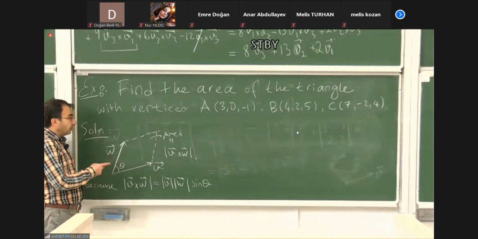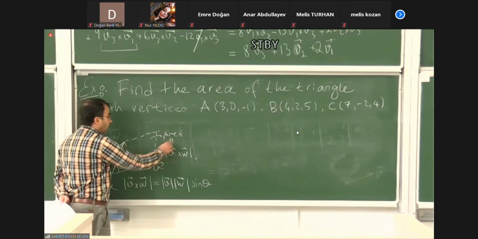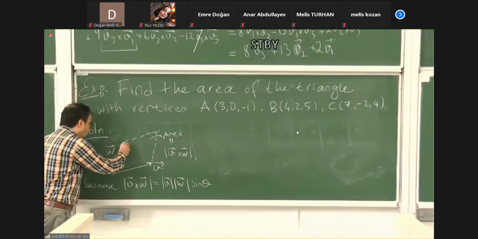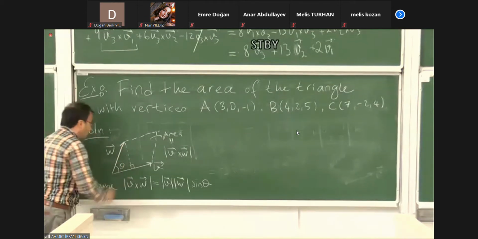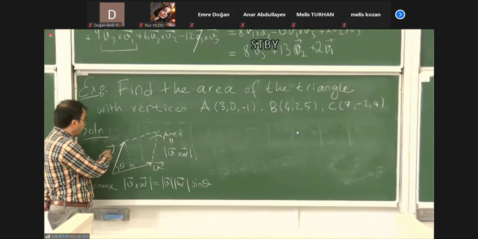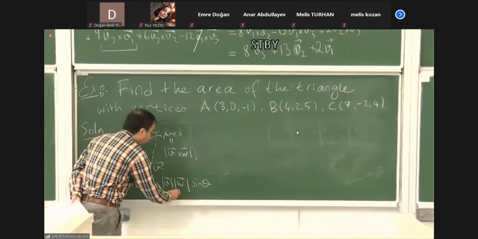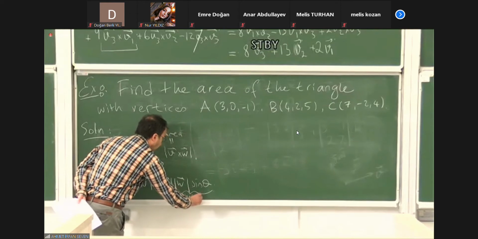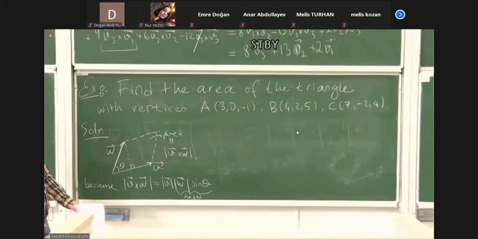And now you see the reason that this area equals this one. If you consider this height, what is the height? This height is equal to length of w times sine of theta. So this is the height. That's why we have such a thing.